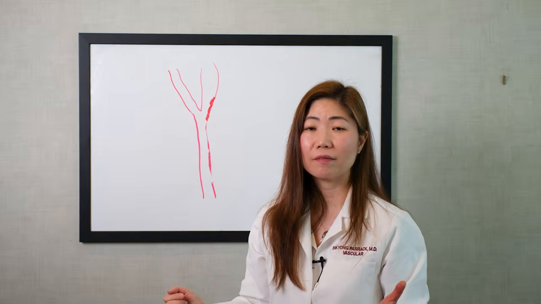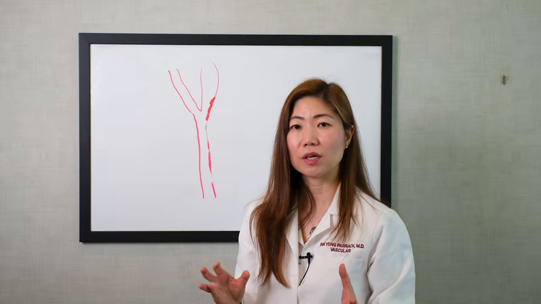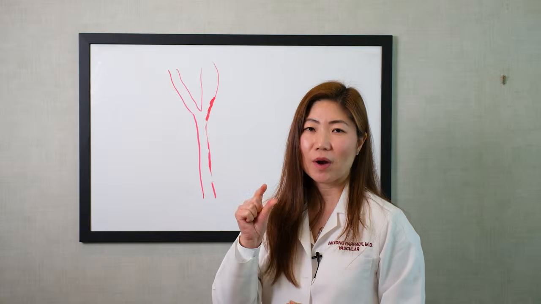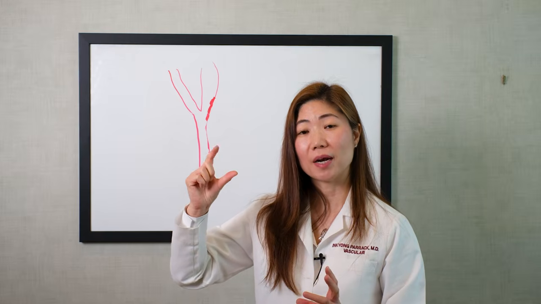Having done a significant number of these, I'm not even sure there was one case where there was anything in the filter. I don't think it's possible that zero plaque gets dislodged. The fact that we catch nothing in the filter tells me that some of this plaque is breaking off and going to the brain, and that's probably why the stroke risk is a little higher.